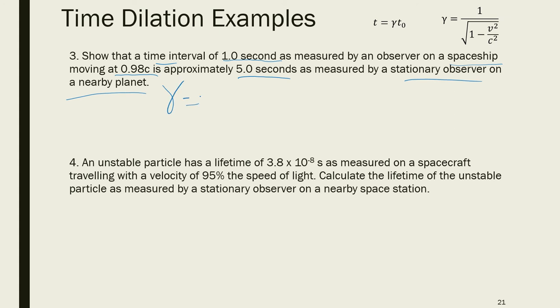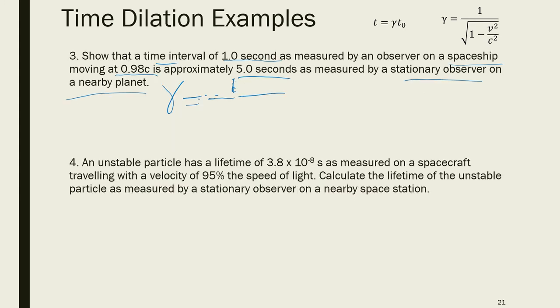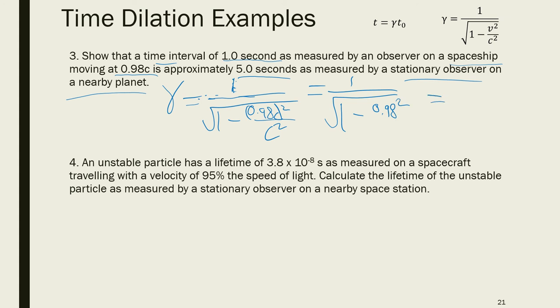So the Lorentz factor for an object moving at 98% the speed of light is going to give us 1 over 1 take 0.98 squared, because the c's will cancel, and that'll give us a Lorentz factor of 5.03.